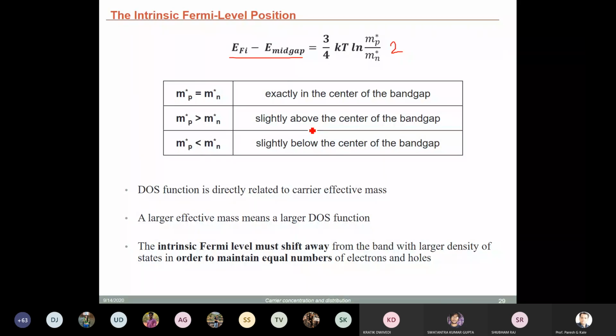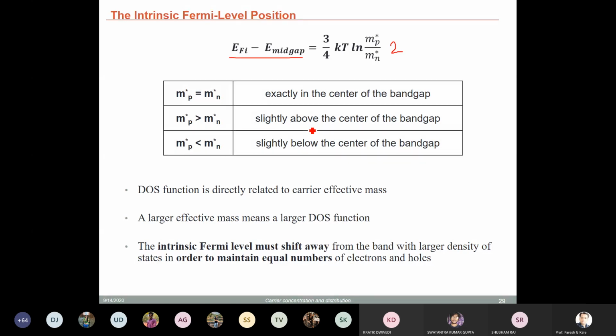When I say doping, it means we are adding some electrons or holes, right? When we add impurities to an intrinsic semiconductor, we make it extrinsic, we make it impure. So obviously this EFI, the intrinsic Fermi level, has to shift.